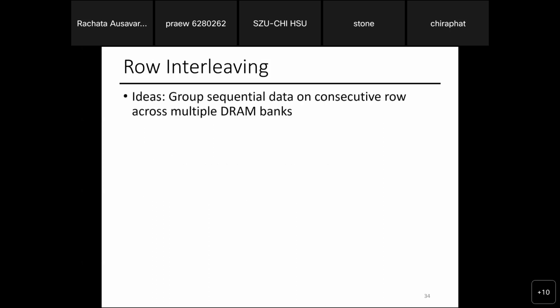Row interleaving means that instead of sending them to different banks, I send them to the same row. So I will put the row bits and bank bits in such a way that consecutive accesses are mapped to the same bank, the same row. So consecutive cache misses will be processed sequentially, but really fast.